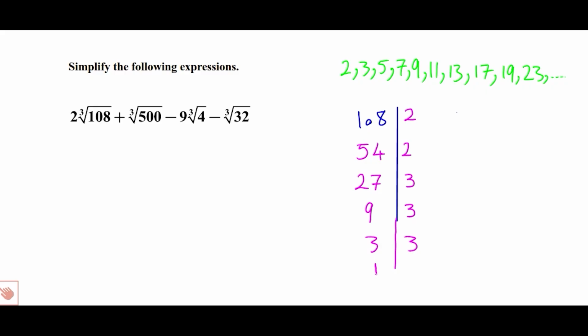So we write 1, and now that we've reached the number 1, the process is complete. So 108 is equal to 2 times 2, which is 2 squared, times 3 times 3 times 3, which is 3 cubed.